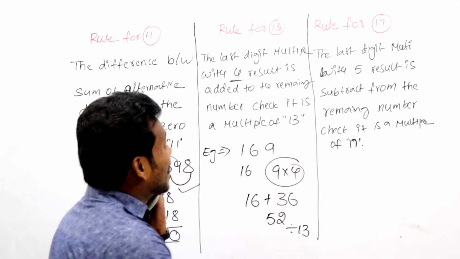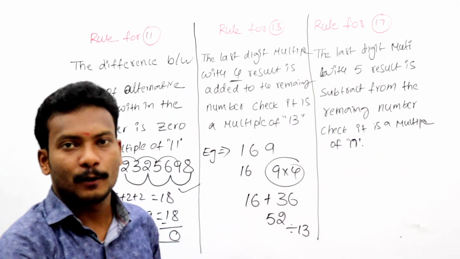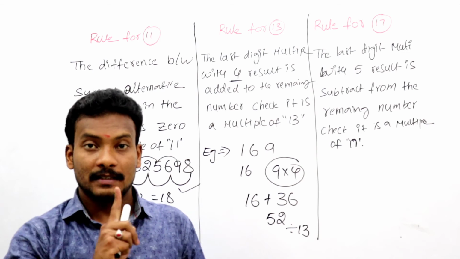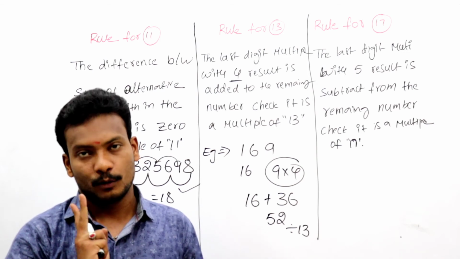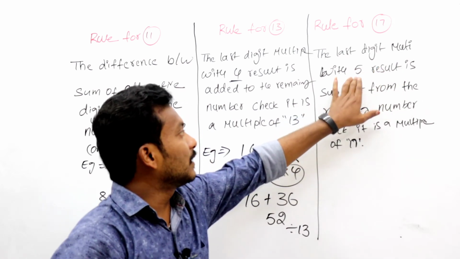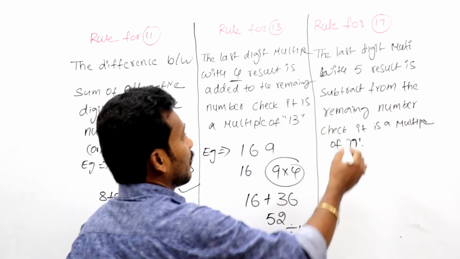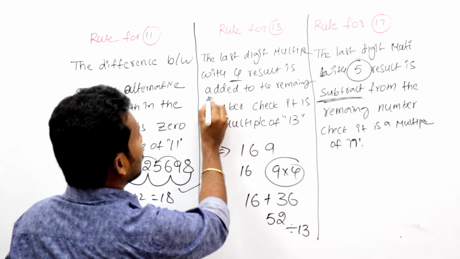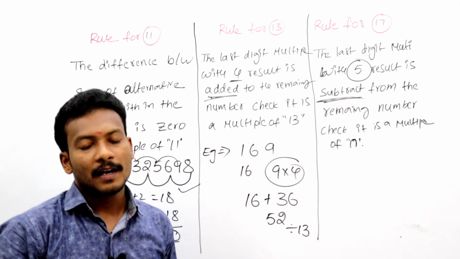Next, the rule for 17. What is the rule for 7? We subtract the number 2. But here, the last digit is multiplied with 5. Now also it is subtracted, but here it is subtracted from the remaining number.